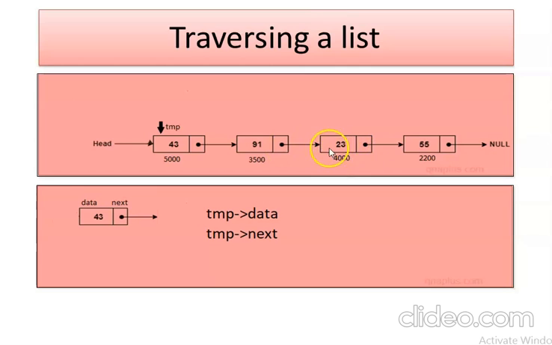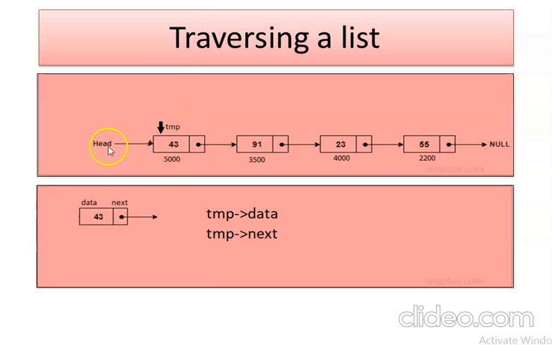And the values here will be 23 and 2200. So when we are here, 43 is represented as either head arrow data or TMP arrow data, because the value 5000 is assigned to head as well as TMP. Then this field can be represented as either head arrow data or TMP arrow data.